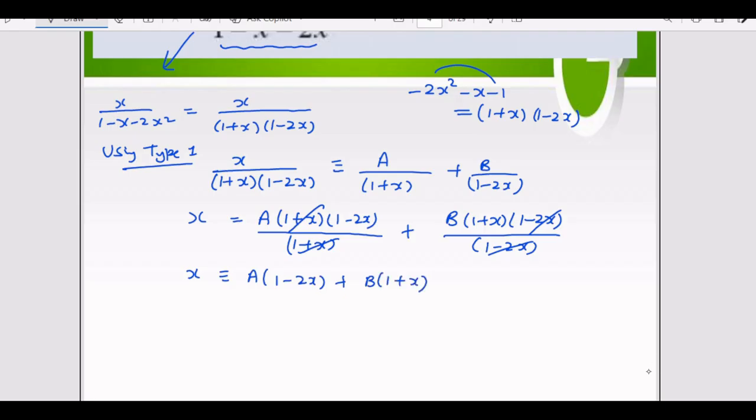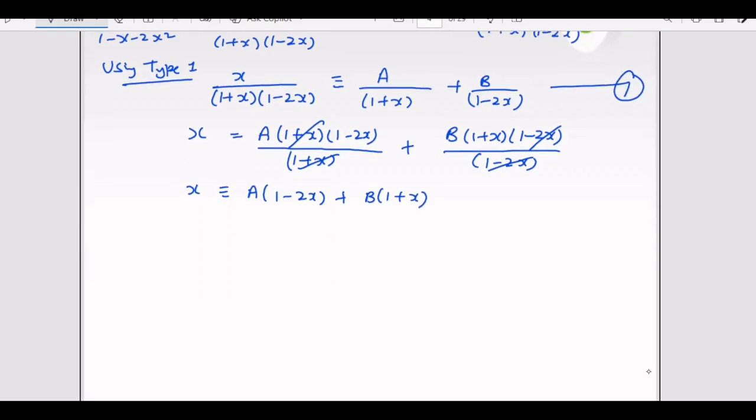Now we will take the values. So this is our fraction that we split, and if I take, let's say, x equal to negative 1, the left hand side will be negative 1, equivalent to A into (1 minus 2 times negative 1) plus B into (1 minus 1).